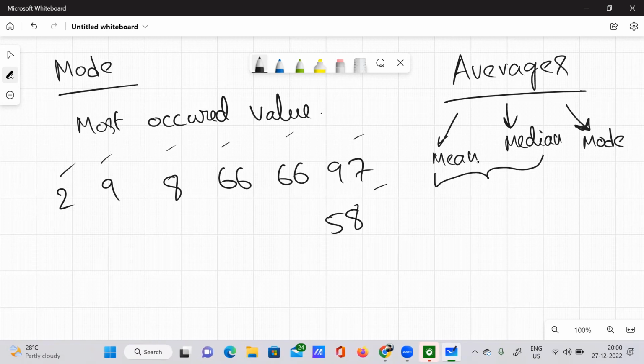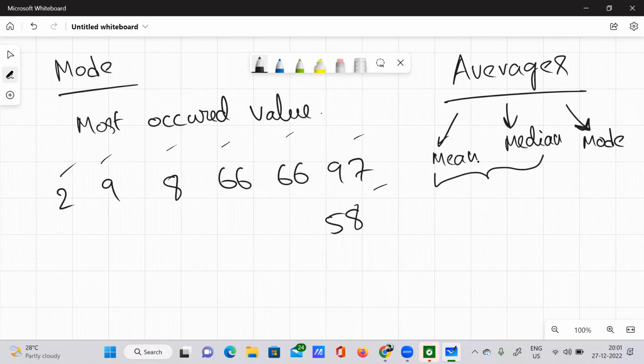If I want you to find the mode of this data, how do you find that? The answer is very simple. Just focus on the definition: the most occurred value is the mode. Out of all the data points, you just need to find the value that is repeating more than one time.